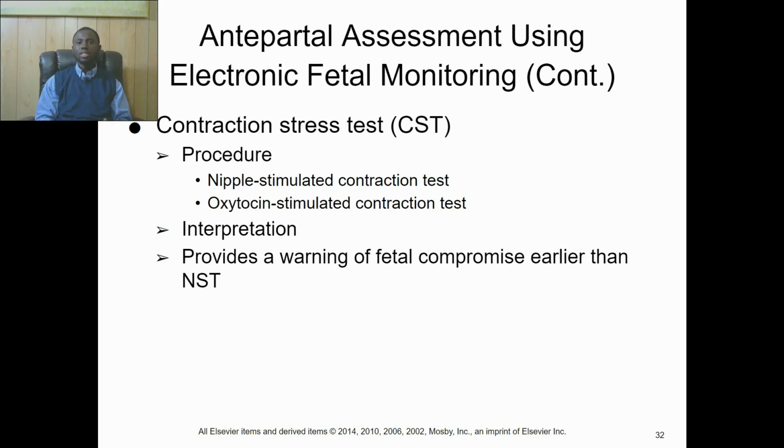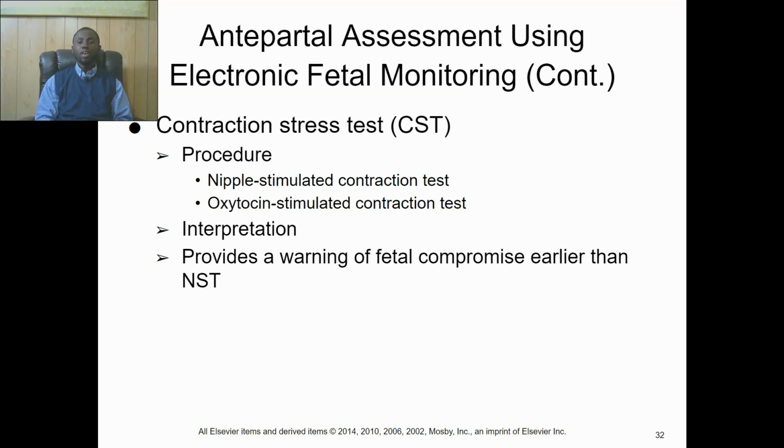Absolute contraindications for the contraction stress test are the following: a history of preterm labor, or if the patient is in preterm labor; placenta previa; cervical insufficiency; multiple gestation; and previous classic uterine incision for cesarean birth, which is a longitudinal incision for cesarean birth.